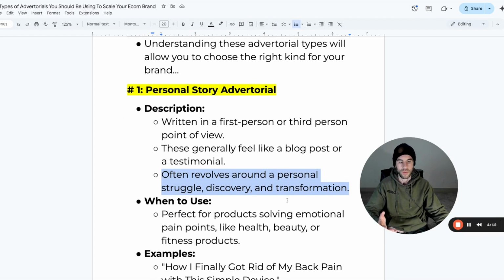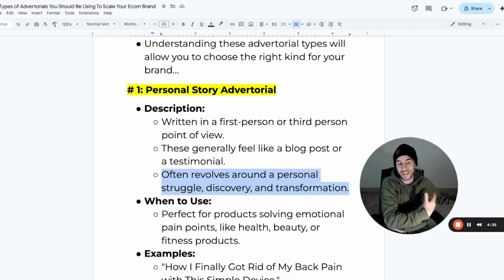So the general way that these are going to go is the person is going to be stuck in a low point. Maybe they can't sleep, they can't lose weight, joint pain is ruining their life. And then they're going to make a discovery. This discovery is usually going to be a friend or a family member. They're going to talk to a rogue doctor who tells them that your problem isn't actually this, it's this other thing, and this is what solves it.